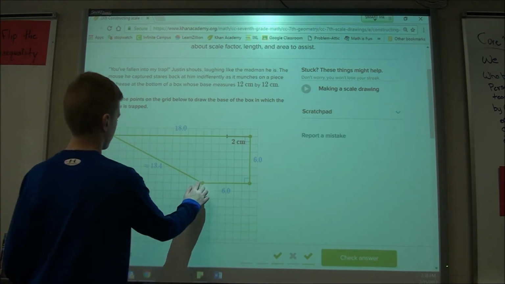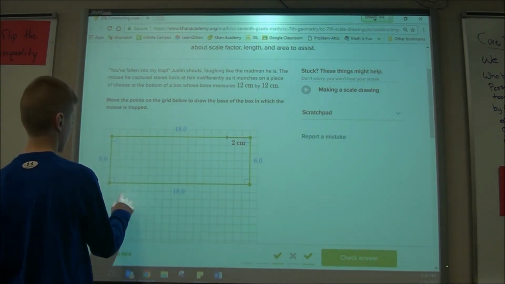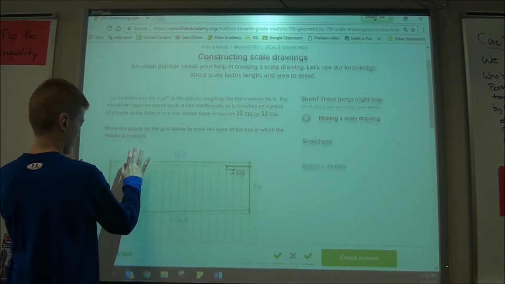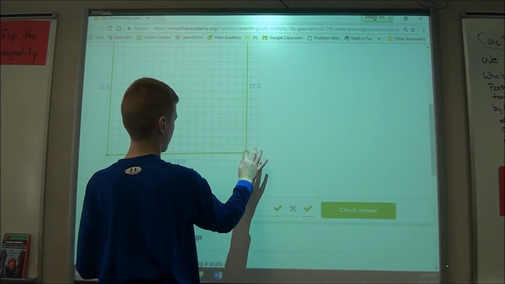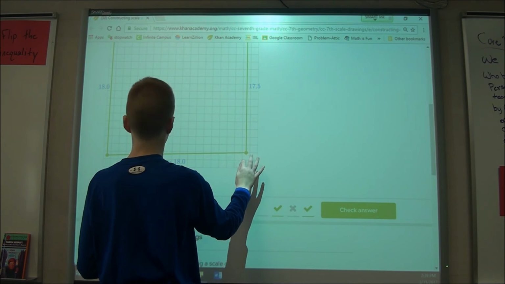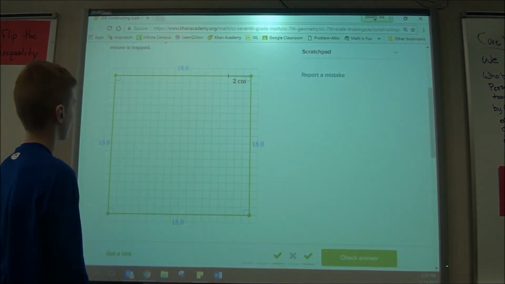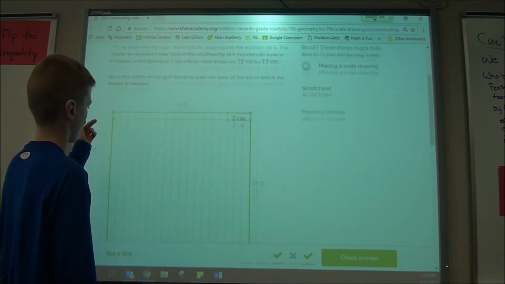Yep. So that means we need an 18 by 18 square.